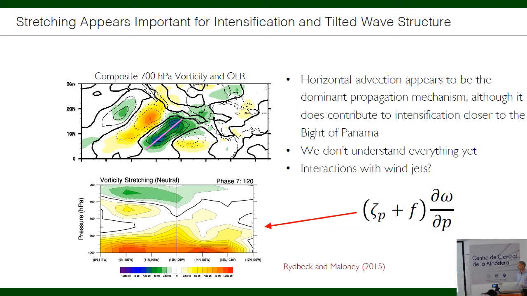This bottom left plot is a vertical cross section. If you look along this magenta line here and look at height versus space, you get this stretching term having this particular form.